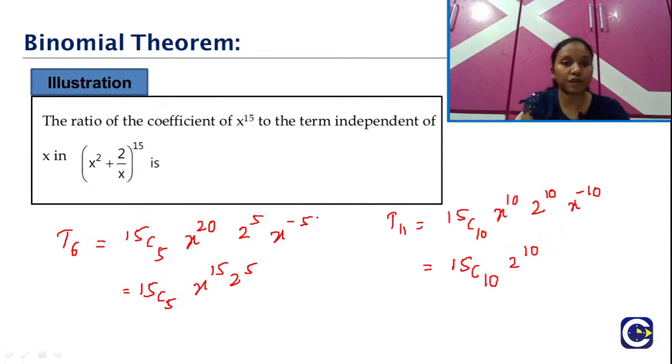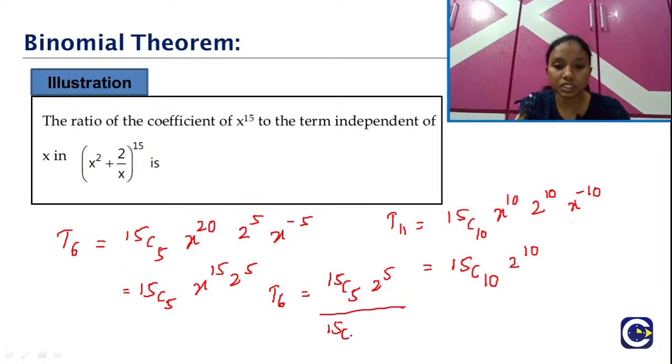Here we have to find only the ratio of the coefficients. That means the T6 coefficient, that is the coefficient of x power 15, is 15c5 into 2 power 5, and here 15c10 into 2 power 10.